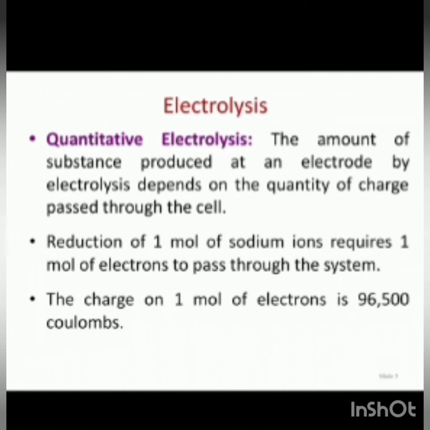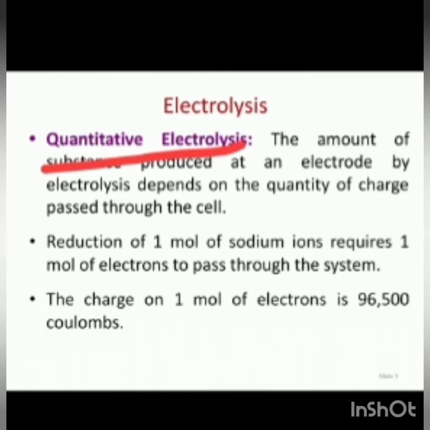So, in quantitative electrolysis, the amount of substance produced at an electrode by electrolysis depends on the quantity of charge passed through the cell. Hence, one more important topic is Faraday's law.